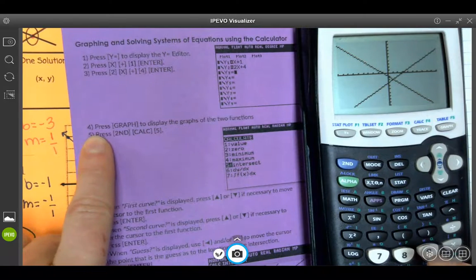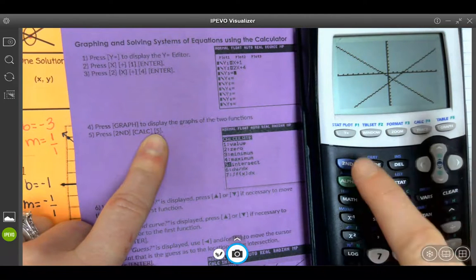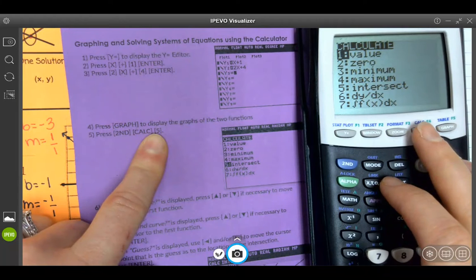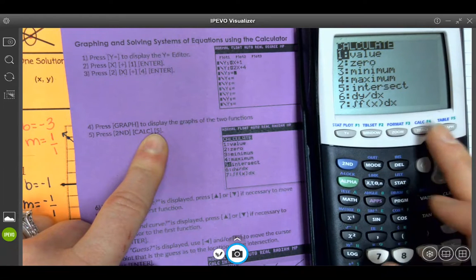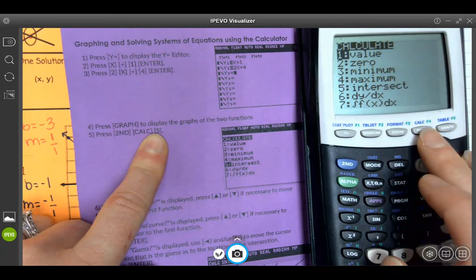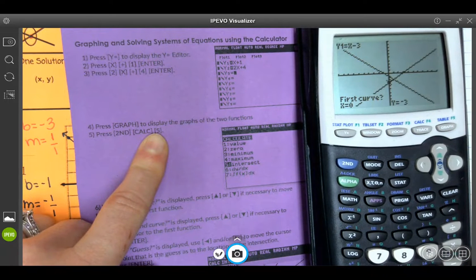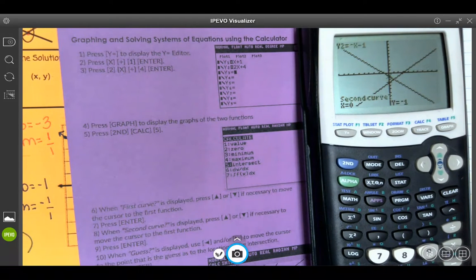Then hit second calc 5. So second calc, and it comes to this calculate screen. It's right beside graph or trace. Number 5, and then hit enter 3 times.